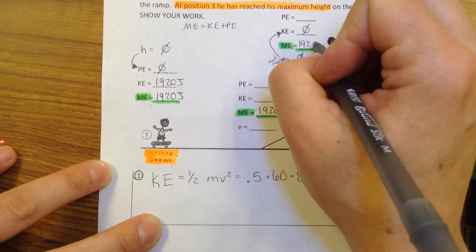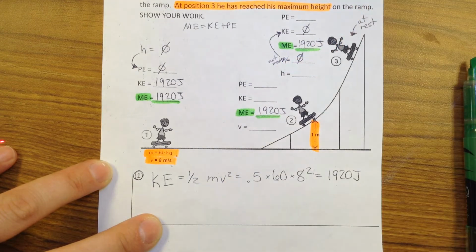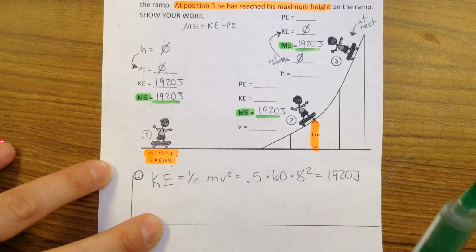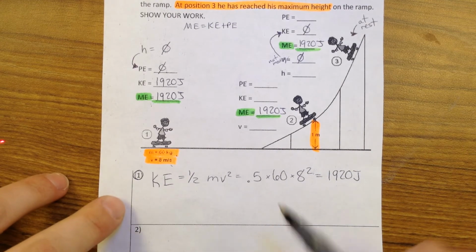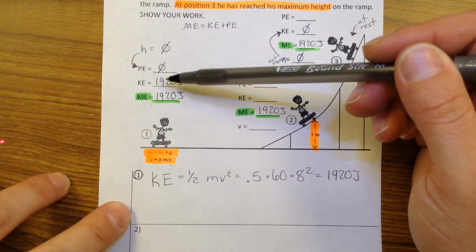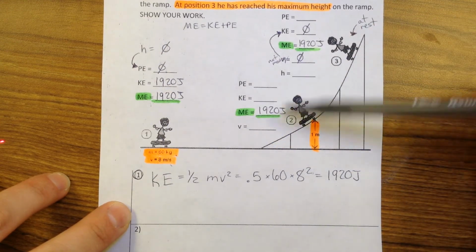That number does not change in this system. So now I have all my values for position 1. Let's go on to position 2.